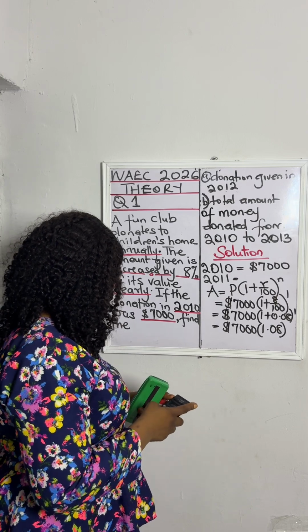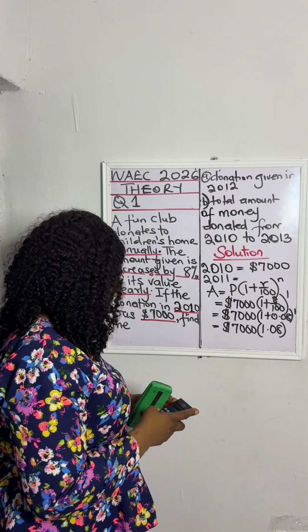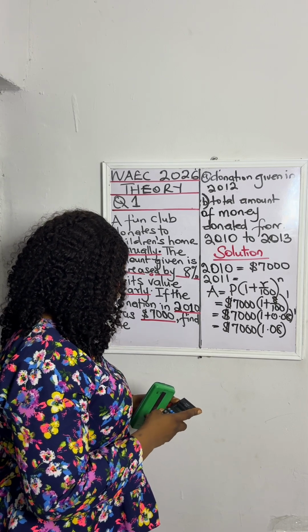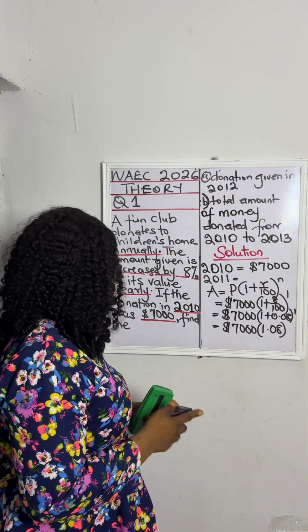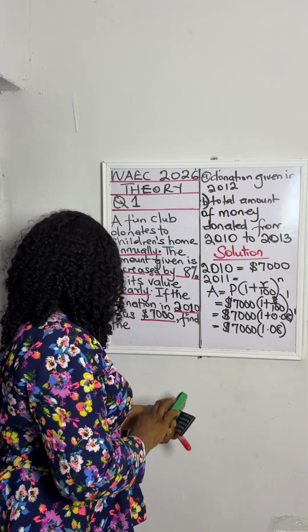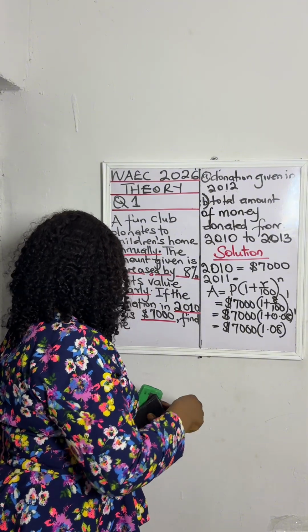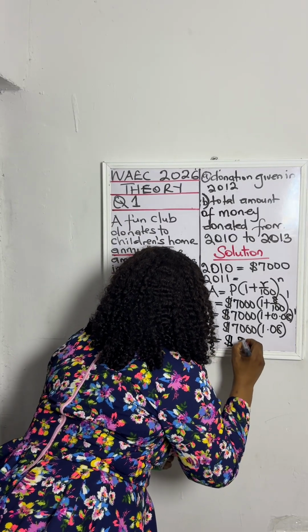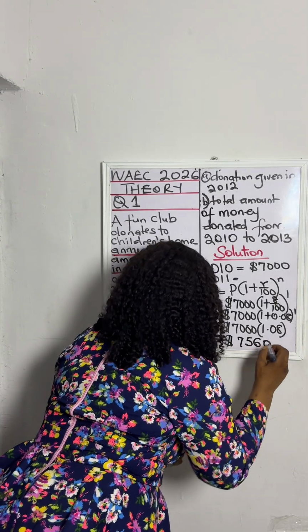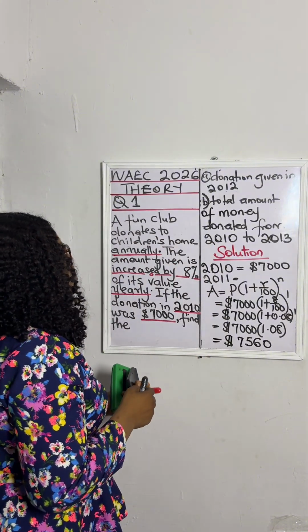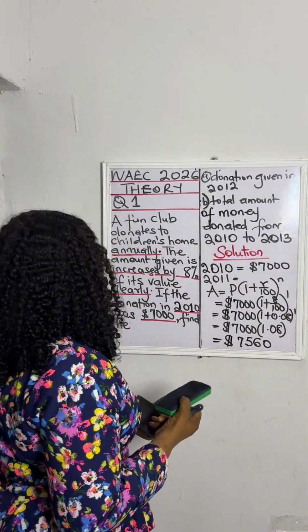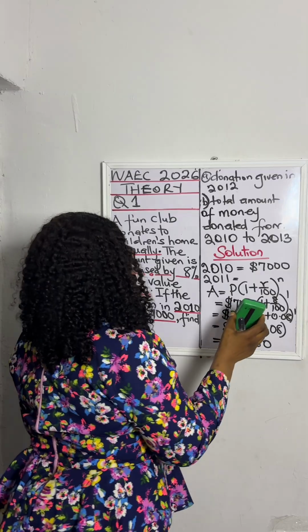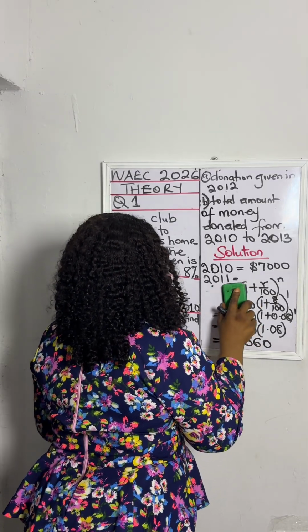So let's see what we'll get. 7,000 times 1.08 gives us $7,560. That means that the amount paid out in 2011 is $7,560. We'll input that here.